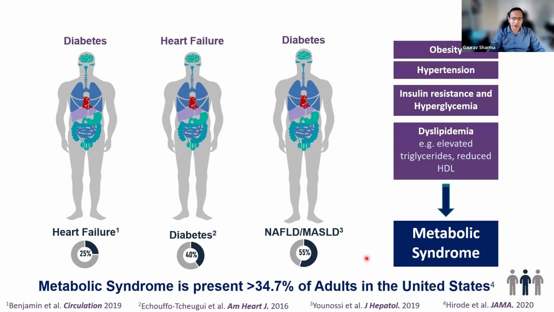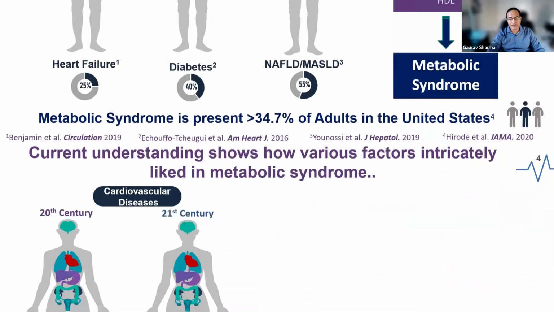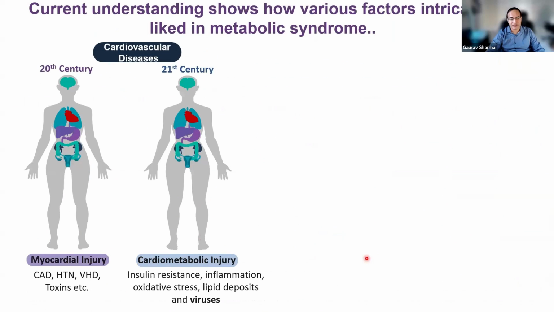And I would like to point out that there have been several advancements in the field, and the current understanding shows how various factors are intricately linked with metabolic syndrome. For example, cardiovascular diseases in the 20th century were mostly myocardial injury, like hypertension, coronary artery disease, valvular heart disease, or toxins.